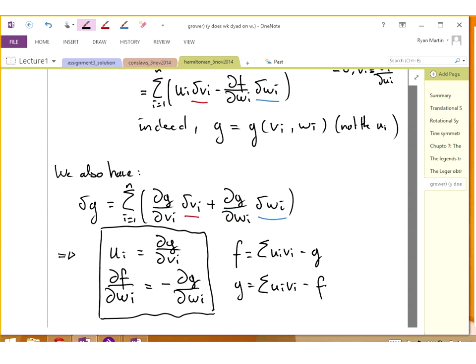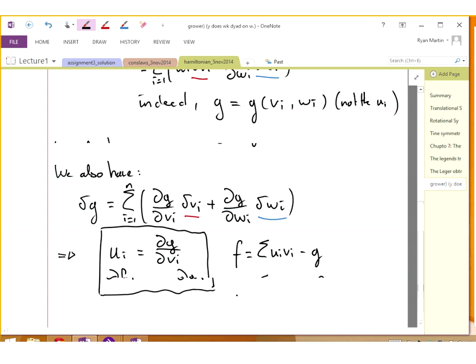So that's the Legendre transform. It allows you to go from F to G, using a different function to describe the system using different variables. If the functions are related with the Legendre transform, then the different variables are related to each other according to these equations.